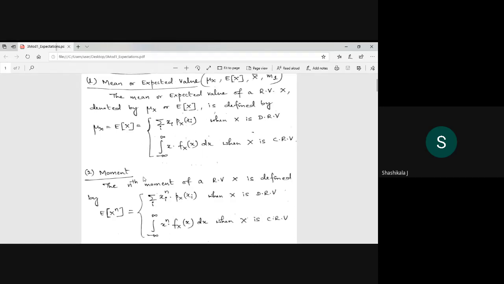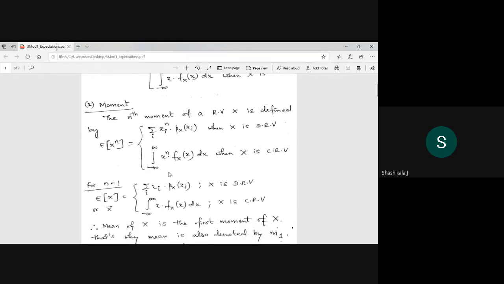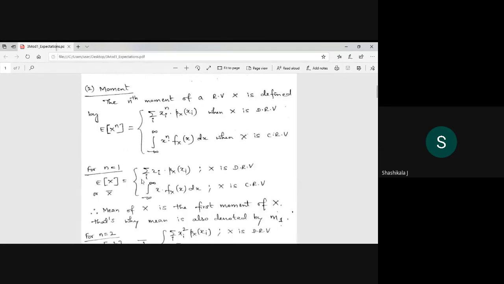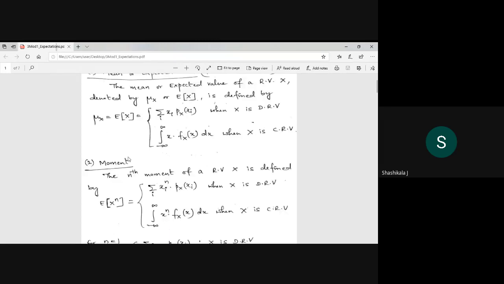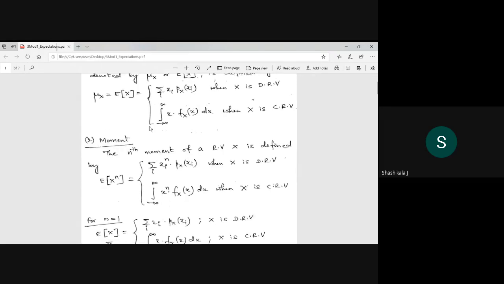Next is moment. Usually for moments we use only E of x and E of x square. In general it is E of x to the power n. So E of x^n is the same expression, where x will be replaced with x to the power of n, and here also x will be replaced with x to the power of n. For a continuous variable it is an integration, and for a discrete variable it is a summation.